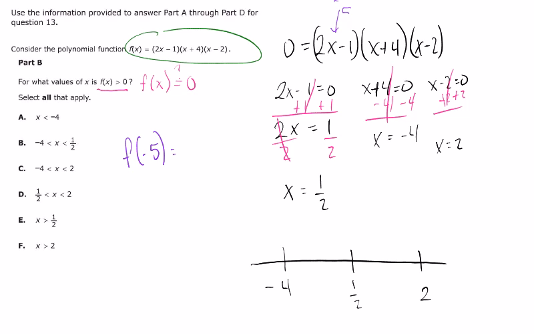So I'm going to put negative 5 here, negative 5 here, negative 5 here, and plug it in my calculator. So it'll look like this: 2 times negative 5 minus 1, negative 5 plus 4, and negative 5 minus 2. It doesn't really matter exactly what it is, you just want to see if it's positive or negative.